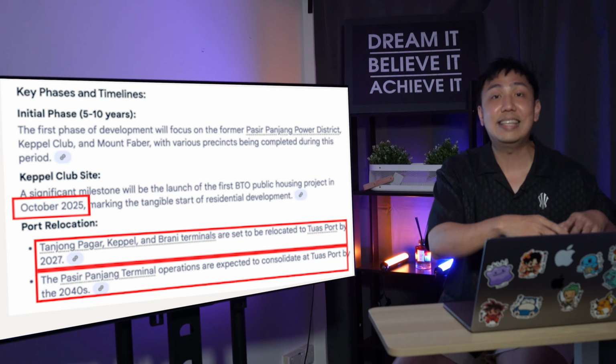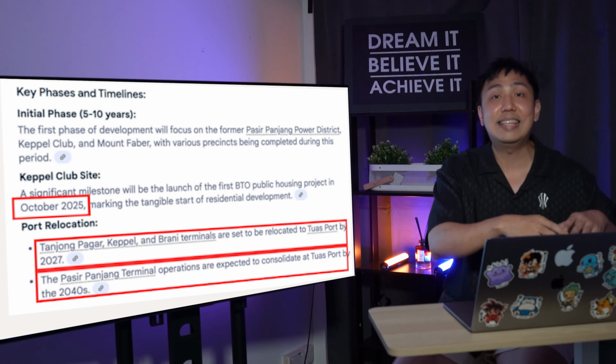The last element that determines the right entry price and exit strategy is the supply analysis. Supply is pretty straightforward. There are only two types of supply in the market. First is the new launch supply, and second is the resale supply. The question I always put across to my clients is, how can this supply be replenished?